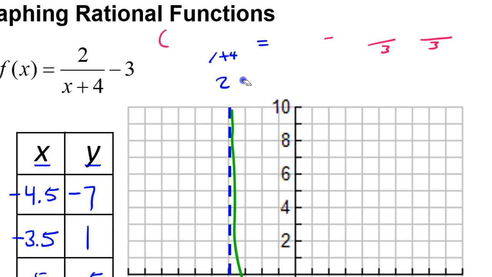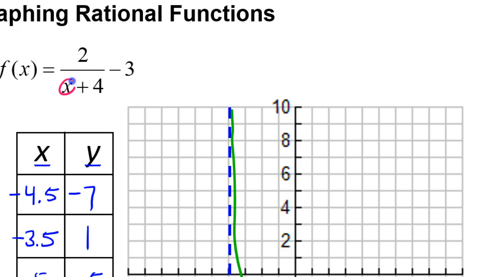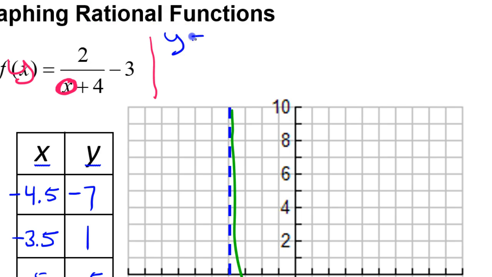let me just start all over. If I let x be 0, that means I'm putting 0 in right here where the x is. Okay, and this f of x is like a y, so I'm just simplifying. So that's going to give me y equals, now this is gone, so now I've got 2 over 4 minus 3.